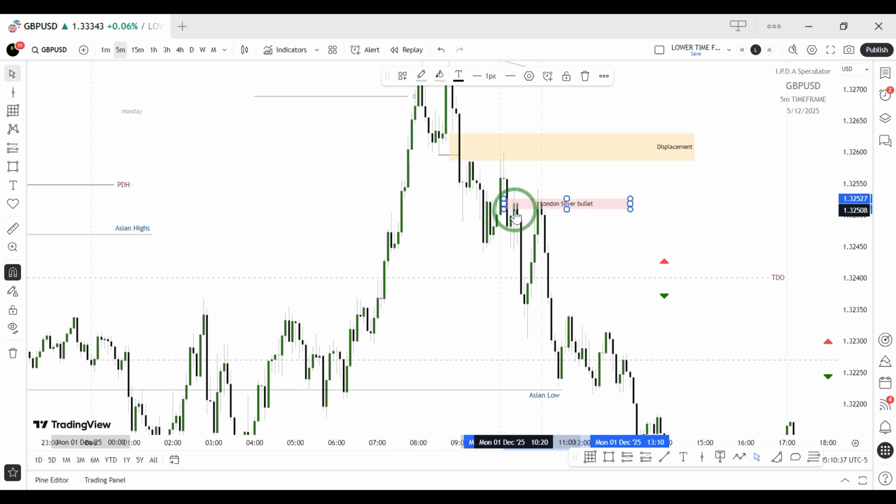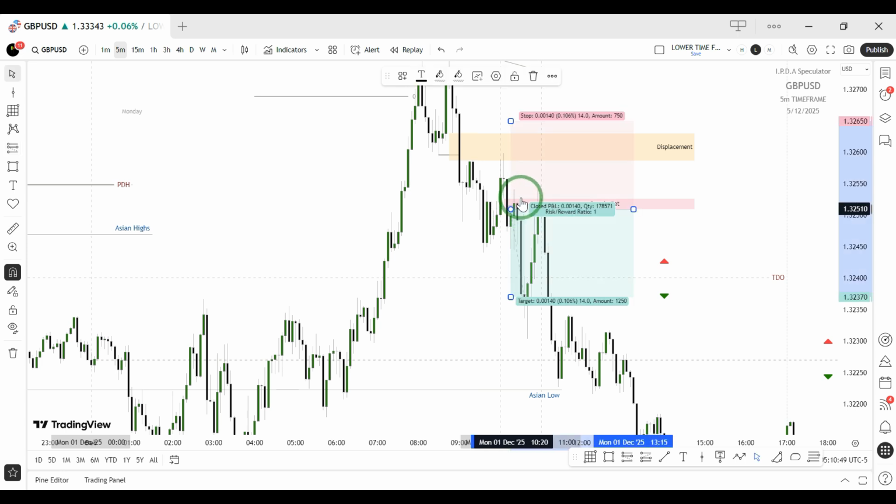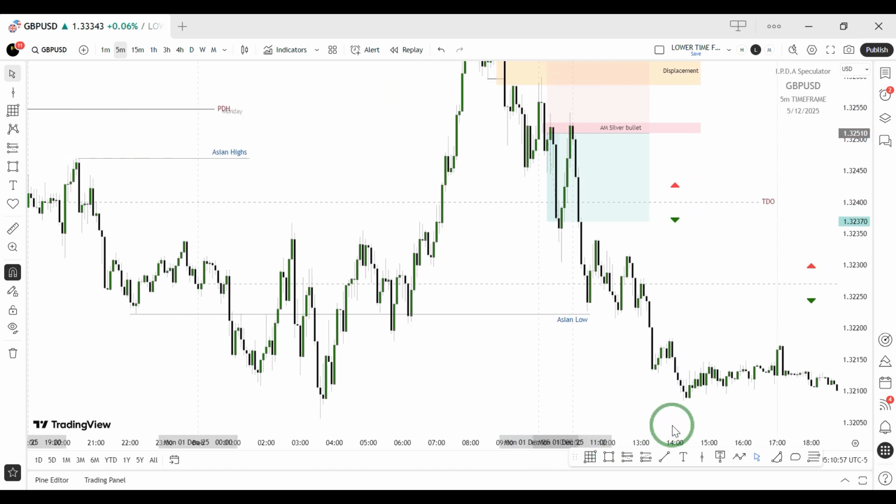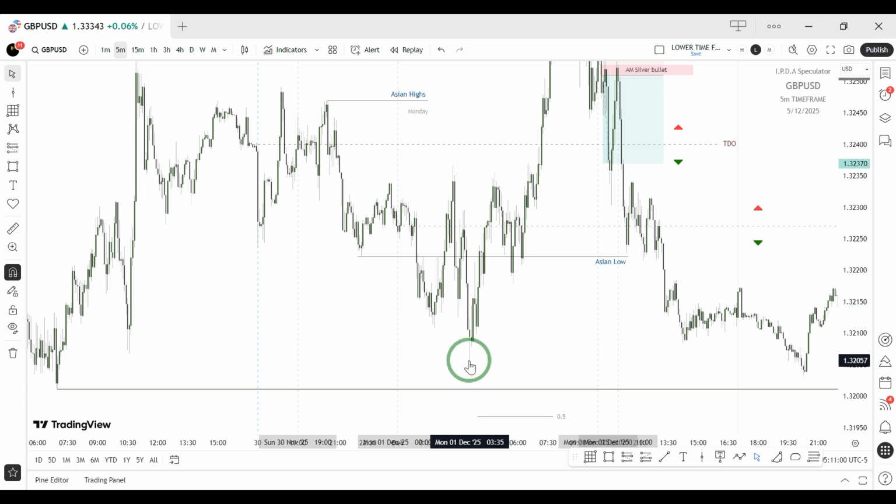This is the AM silver bullet. All right, this now is the AM silver bullet fair value gap. Price traded in there with my stop loss just above the displacement and targeting the London lows.